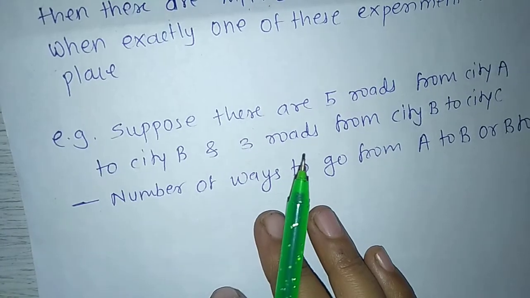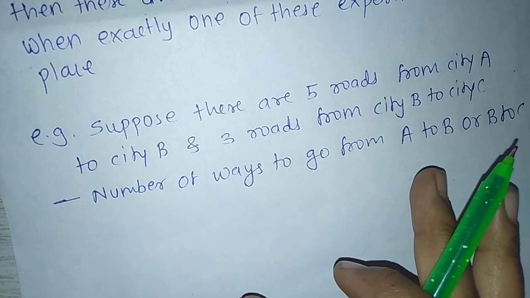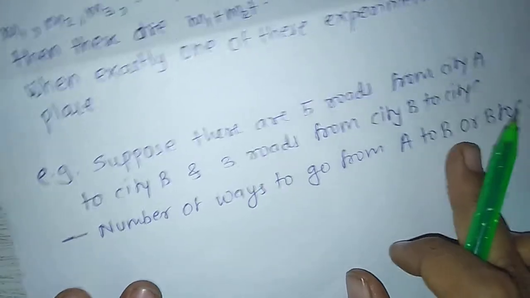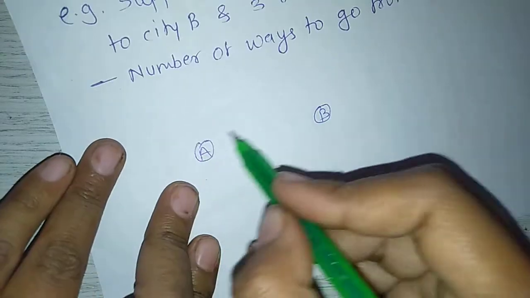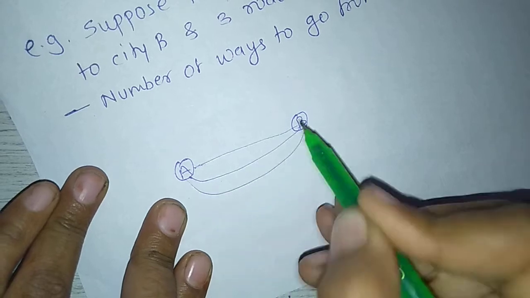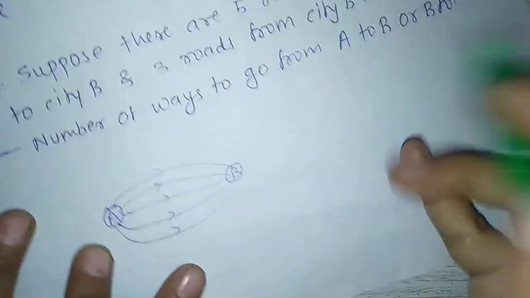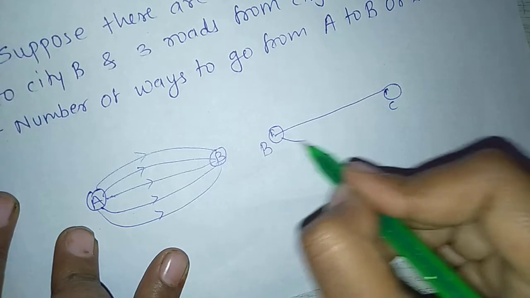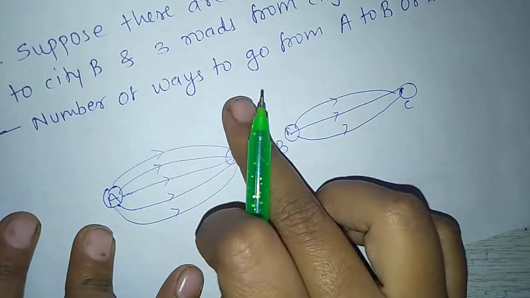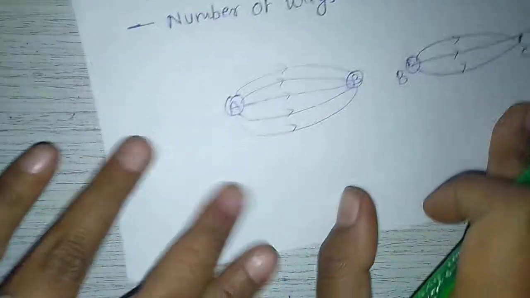For example, suppose there are 5 roads from city A to city B and 3 roads from city B to city C. Therefore, the number of ways to go from A to B or B to C is: there are 5 roads from city A to city B, first, second, third, fourth, fifth, and 3 roads from city B to city C, one, two, three. This means the number of ways to go from city A to B or B to C is nothing but 5 plus 3.